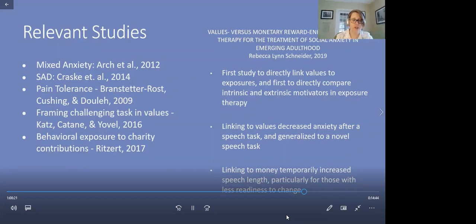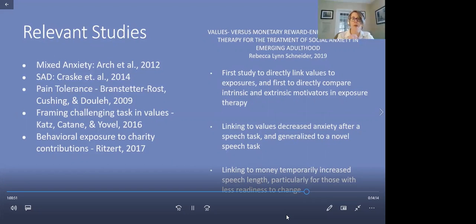It's also something that can transform the function of engaging in exposure from something that someone has to do to something one wants to do. And that's something that Ethan talks about, right? So we do know that it's useful. There have been a few studies that have shown positive effects of framing exposures of various kinds across various issues like anxiety to help with outcome.